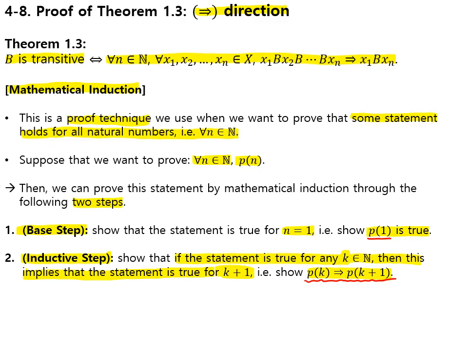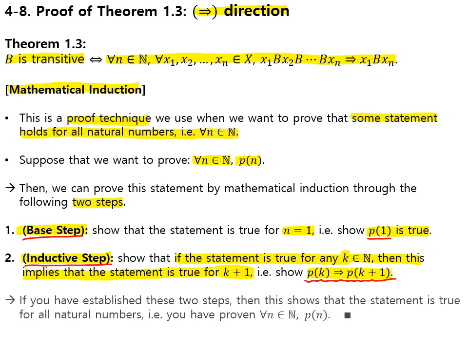So if we go through the base step and the inductive step, this proves that the statement Pn is true for all natural number n. If you establish these two steps, then you have proven that for all natural number n, Pn is true, right? So can you all see why this holds?